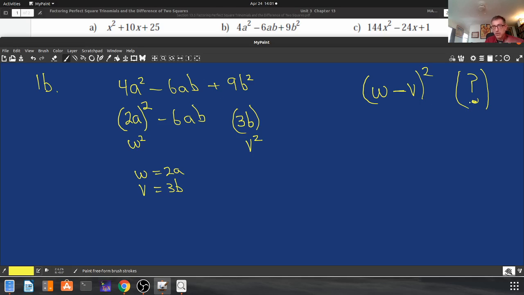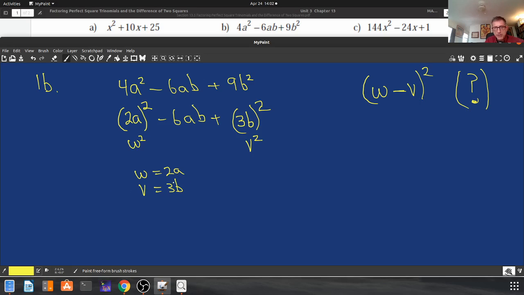The answer to my question is no. But I could. The first term is 2a squared. The last one is 3b. Sorry, I didn't write a square there. I need to write my square there. 3b squared. So I'm almost good to go.